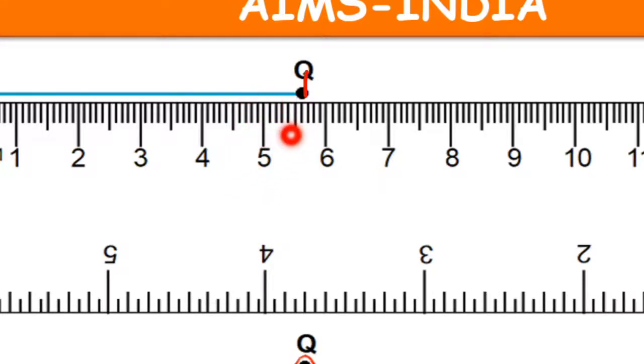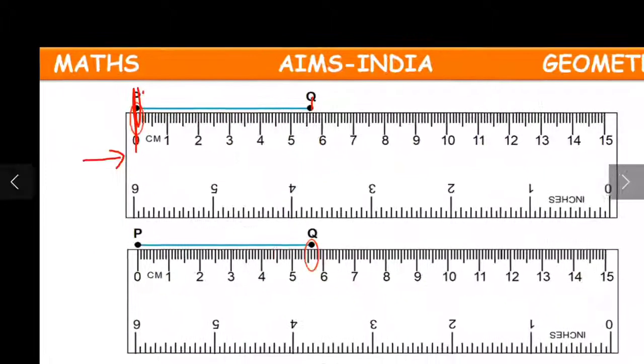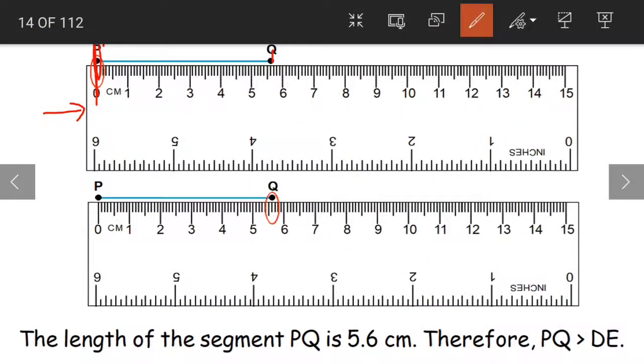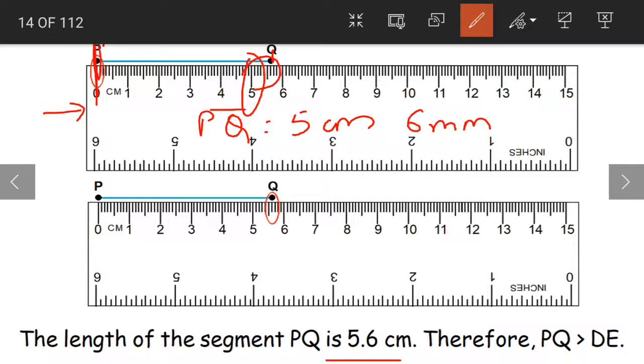And how many lines are there till the end point Q? There are 6 lines. So the length of our line segment PQ becomes 5 centimeters and 6 millimeters.